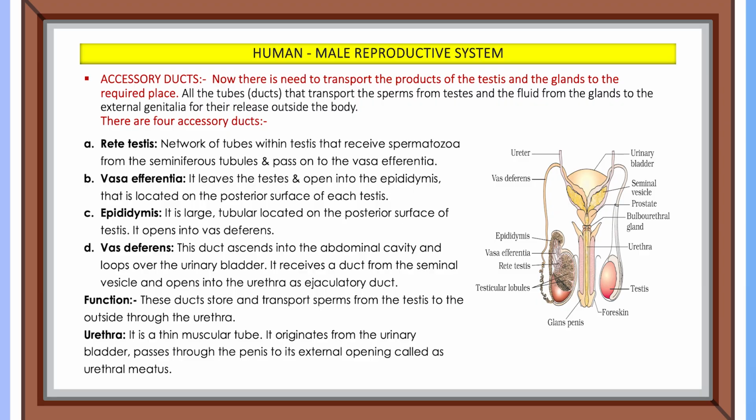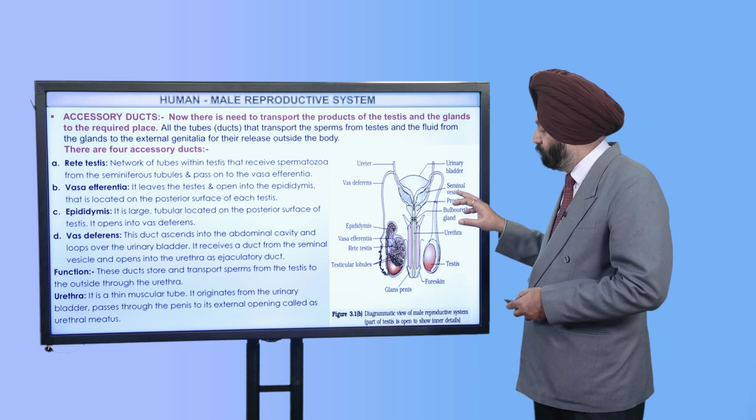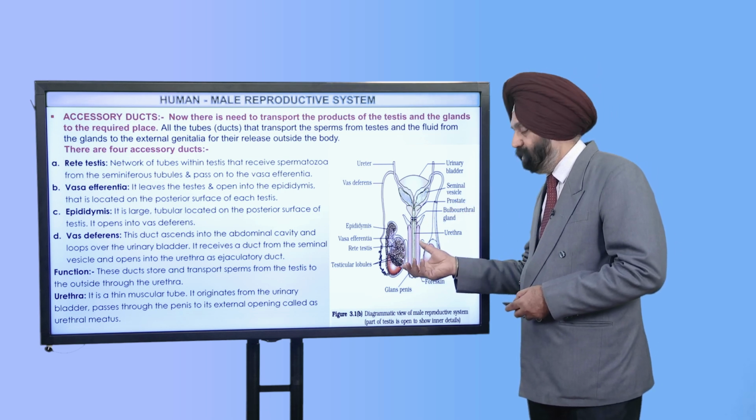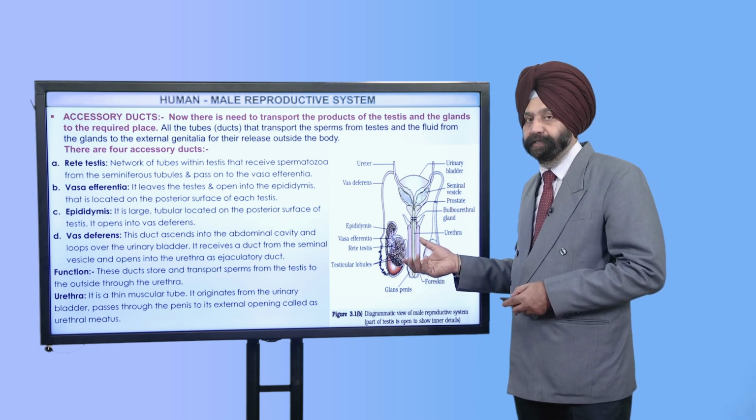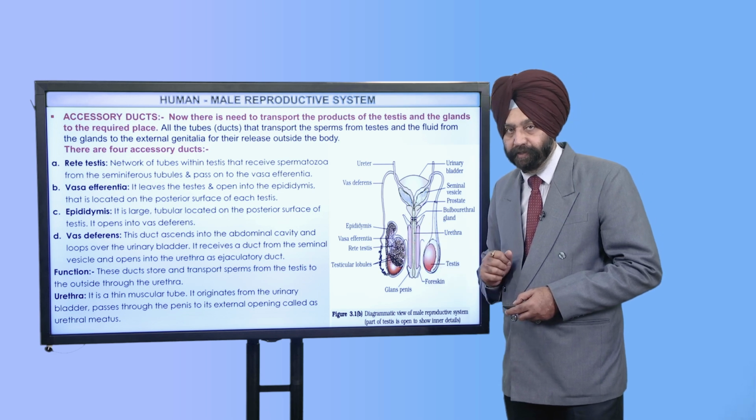Now, let us focus on accessory ducts. As you know, there is a need to transport the products of testis and the glands to the required organ. Testes are present here and the secretions are required somewhere else.